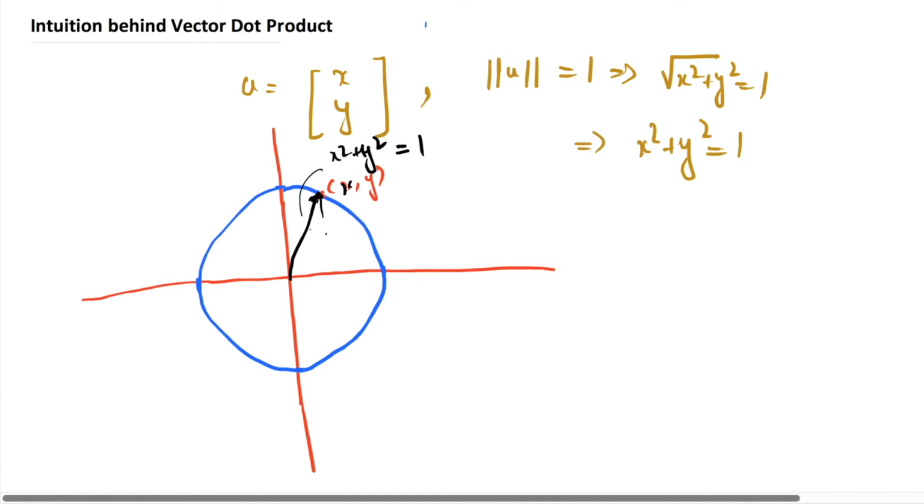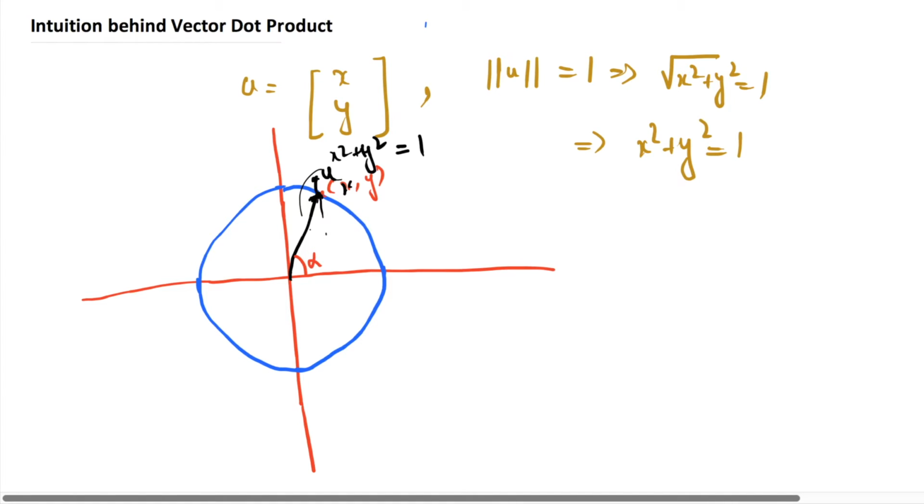So anyway, let's name this vector. Let's call this vector u. Okay. So u is a vector that starts from the origin and ends with its tip on the unit circle. And let u subtend an angle, say alpha, with the x-axis.